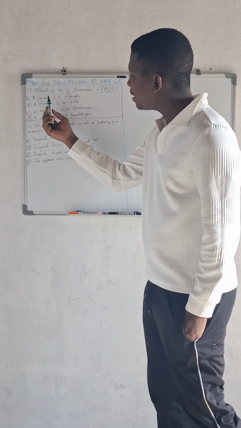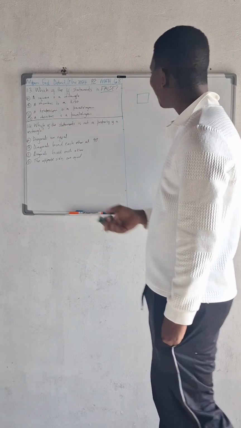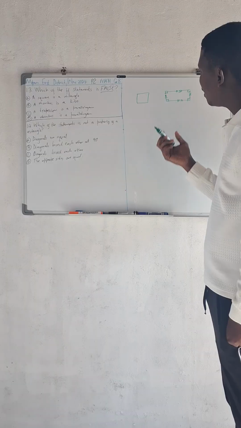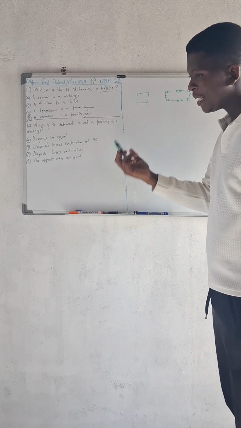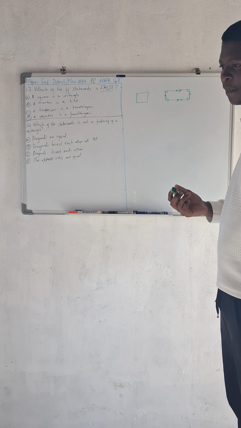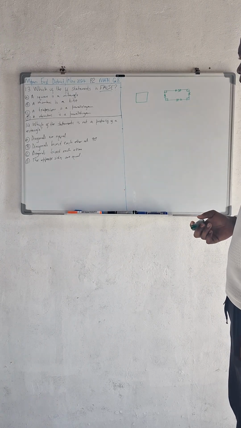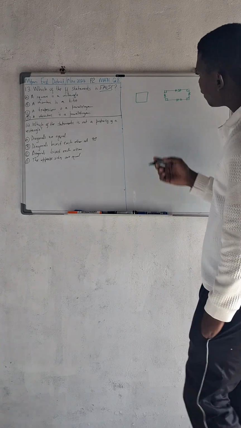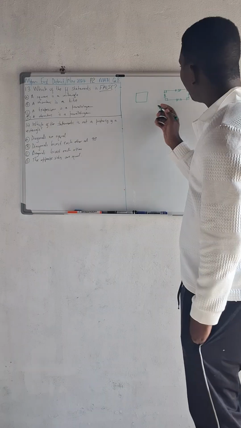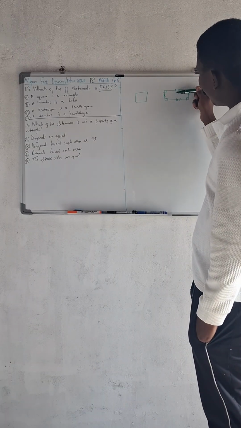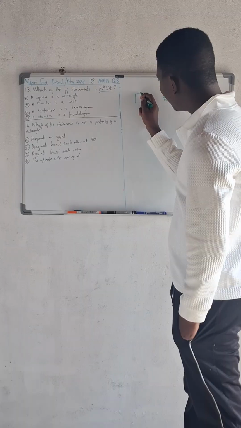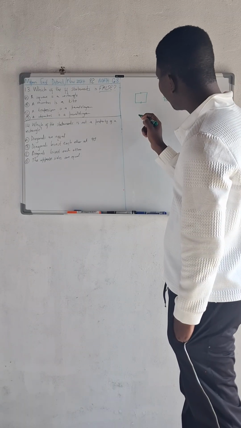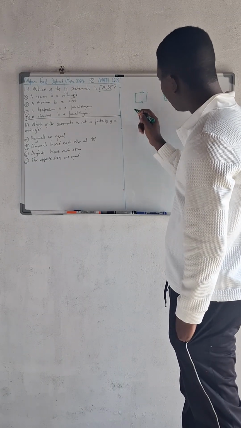Now I'm trying to check if a square is really a rectangle. How will I do that? Check the properties of a rectangle to see if they fit exactly in a square, no remainder. They fit exactly. So let's go. Now I need to check if this side is equal to that one and they are also parallel. Yes, in a square, this side is equal to that one and again they are parallel.